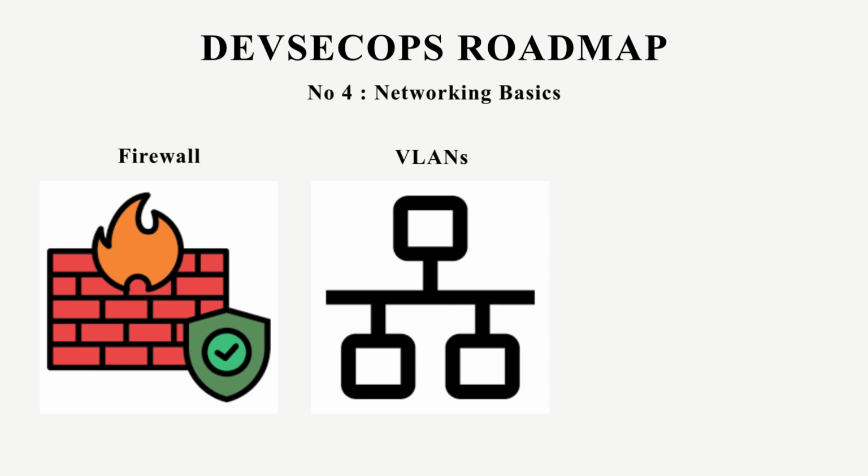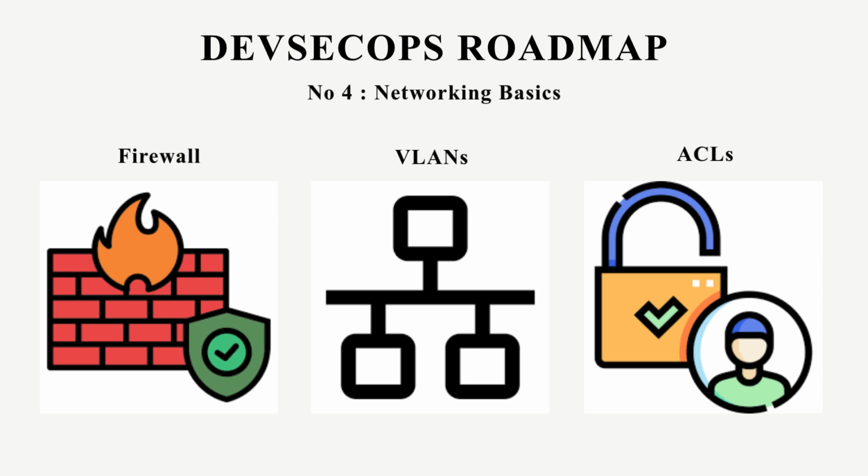You should also understand access control lists, often called ACLs. ACLs define rules that allow or deny network communications. Network segmentation is another critical security strategy. By separating systems into different zones, attackers cannot easily move laterally across the network. This network control helps reduce the attack surface of an organization.